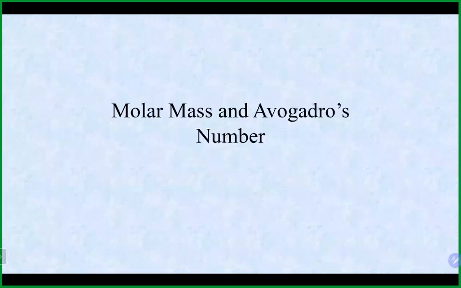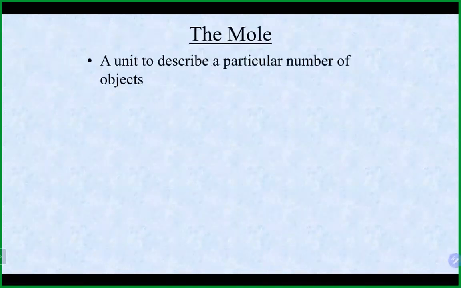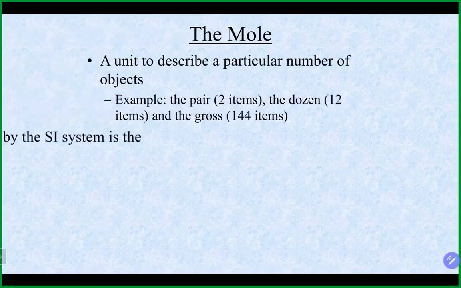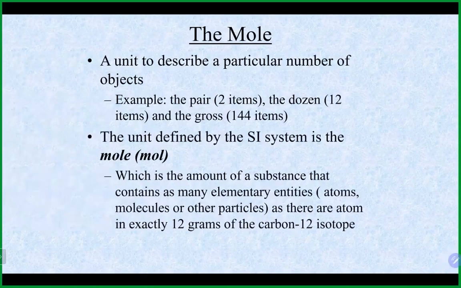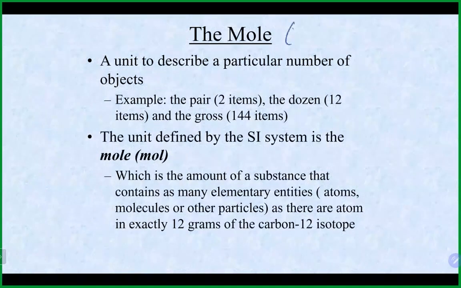All right, so let's talk a little bit more about some useful conversions, and that is molar mass and Avogadro's number. So we'll start with Avogadro's number and the mole. So in chemistry, we have a value that we use a lot, which is a mole. And the abbreviation of a mole is MOL, as you can see there in the middle.